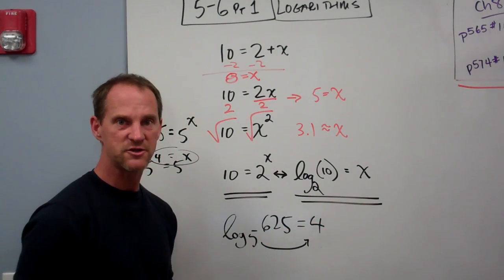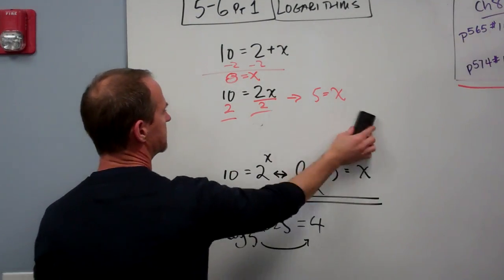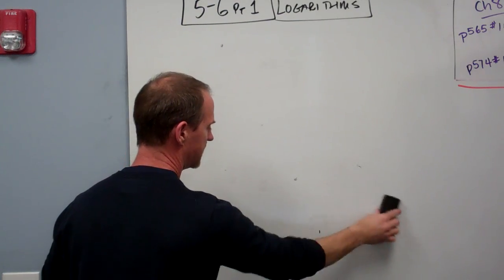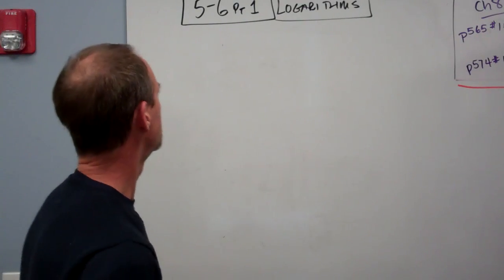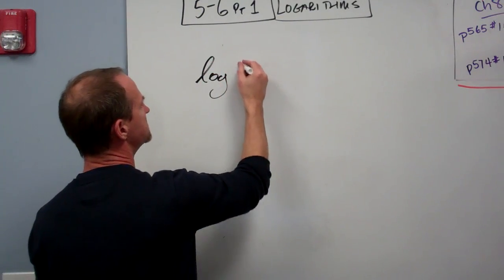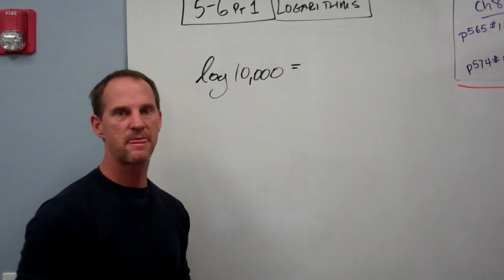So there are two conventions that you need to understand when dealing with logarithms, and that is that we have two bases that we come back to over and over again. The first is base 10, because our number system is base 10. So we would write log of 10,000 as being equal to 4.